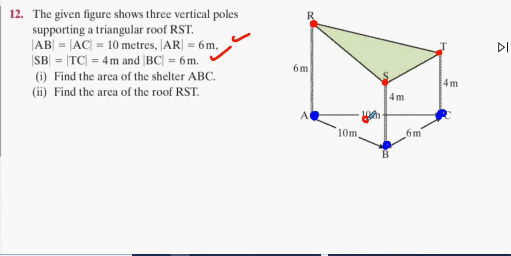If you're in this region on level ground, would you be rained on? No, because you'd be protected from above, right? So that's what it means by the area of the shelter ABC. It means what is the shelter region, okay?